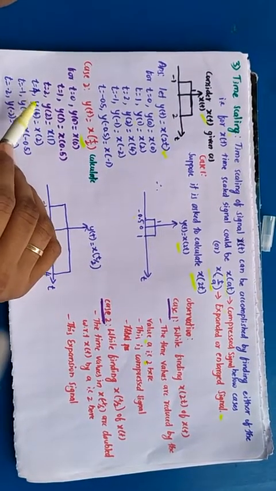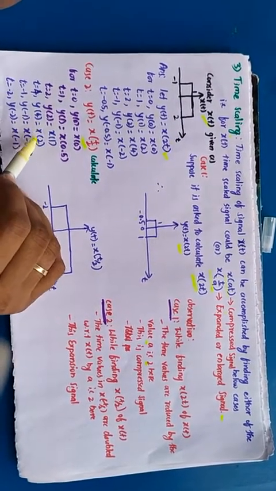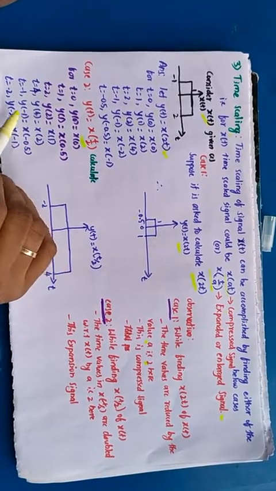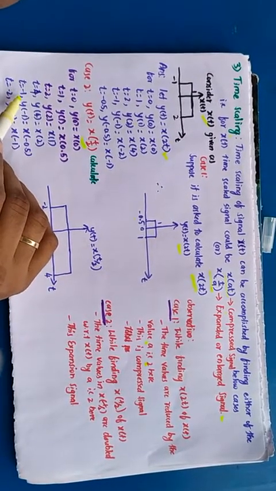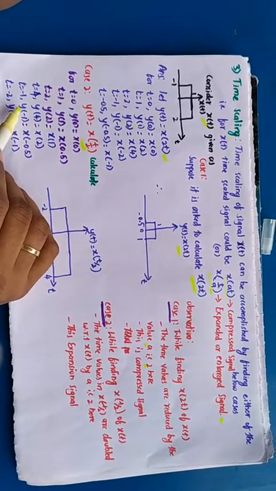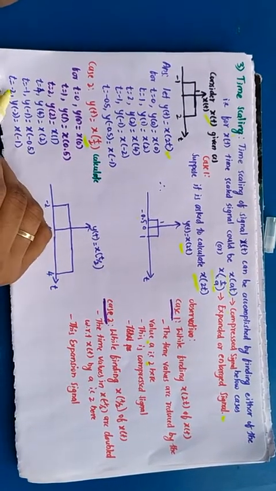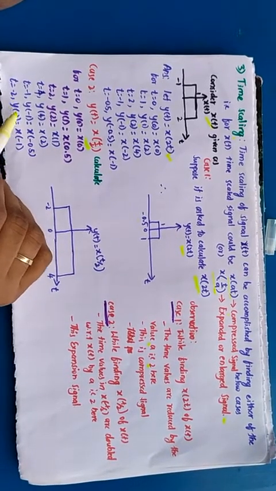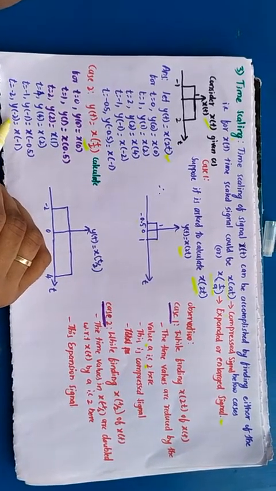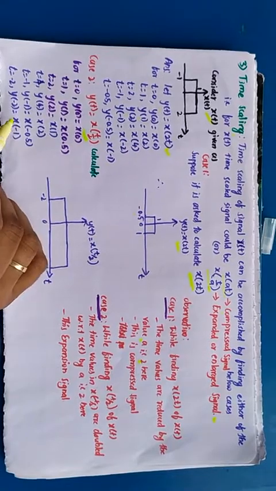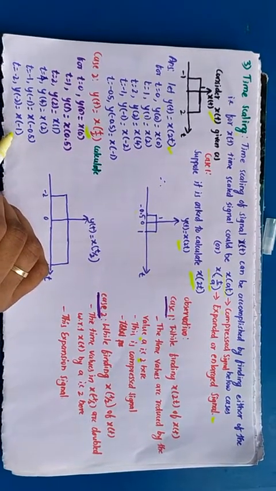Similarly for t equal to 4, y of 4 is equal to x of 2, and for t equal to -1, we will be finding y of -1, that is x of -0.5, and for t equal to -2, we will be finding y of -2, whose value will be x of -1.